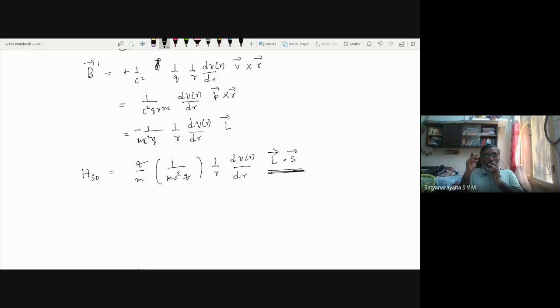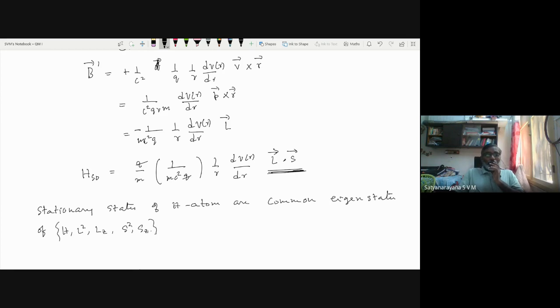Now remember, please note that the stationary states of hydrogen atom are common eigenfunctions, common eigenstates of Hamiltonian, L square, Lz, S square, and Sz. So these are the complete set of compatible observables for that problem.